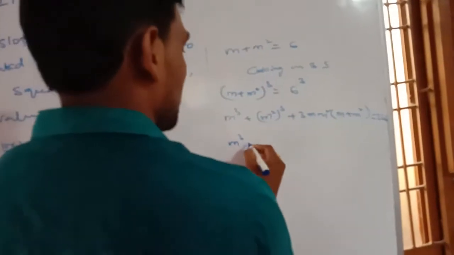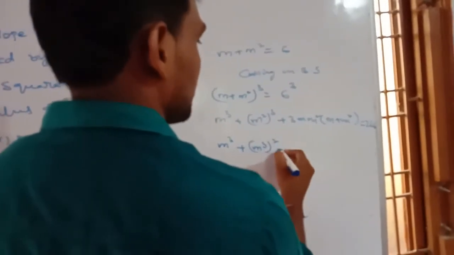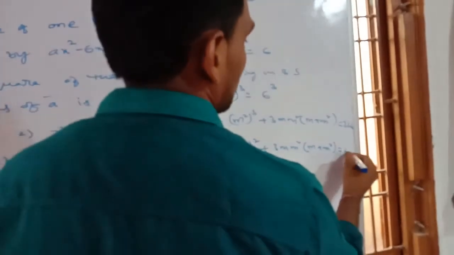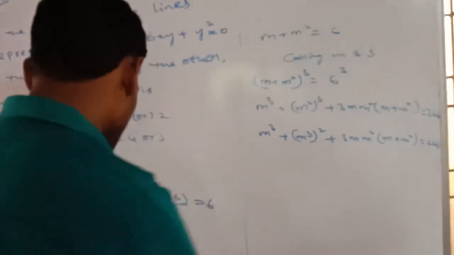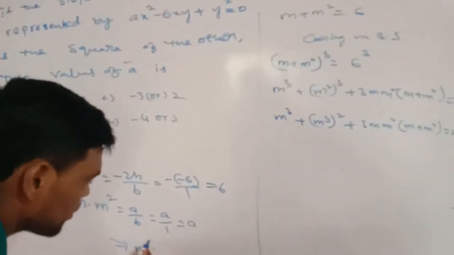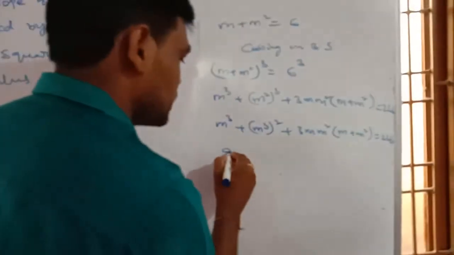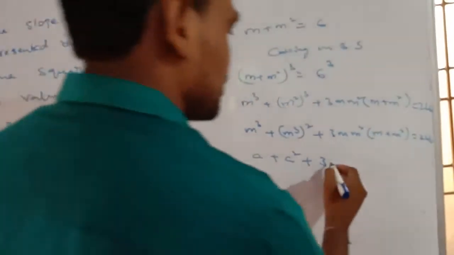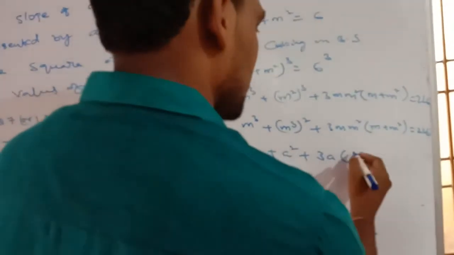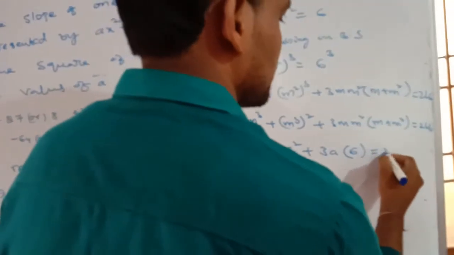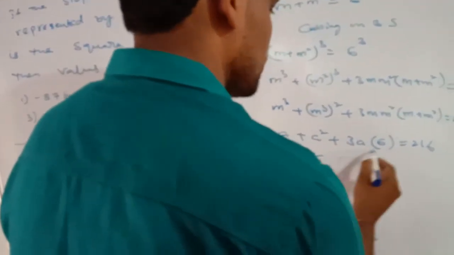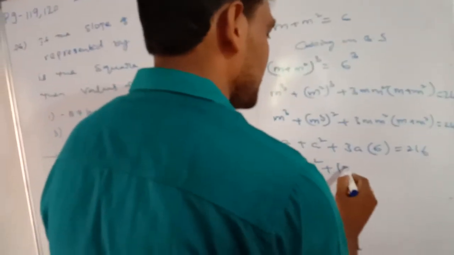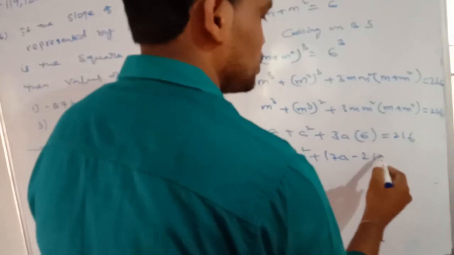And this is m³ plus (m³)² plus 3m² of (m plus m²) is equal to 216. That means m³ is equal to a. This is a plus a² plus 3a into (m plus m²), which is 6, is equal to 216. That means a² plus 18a plus 17a minus 216 is equal to 0.